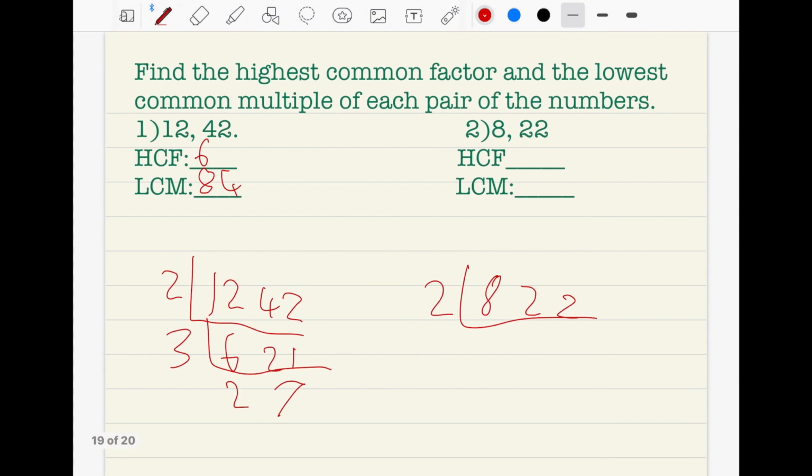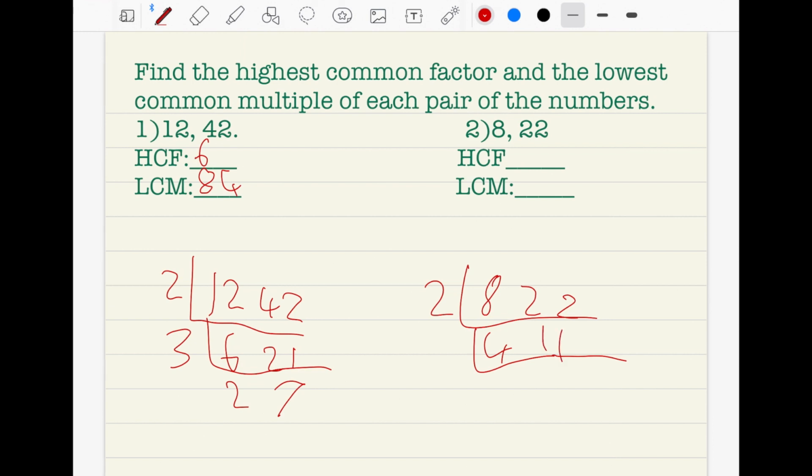Wait, no, because 6 can be divided by 3 and 3 is not an even number. Okay, just never mind. Let's just do this. So 2 times 4 equals 8, and 2 times 11 equals 22.